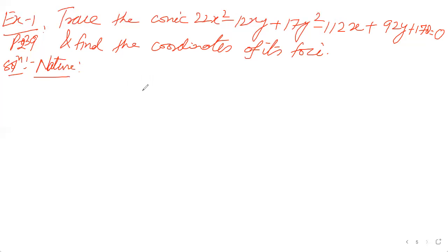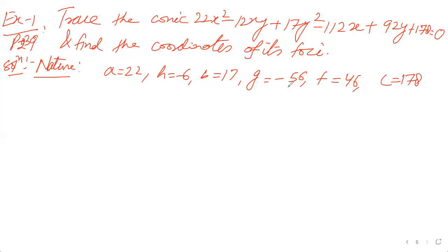So you have to find your delta. A is 22, H is -6, B is 17, G is -56, F is 46, and C is 178. First thing I will always check delta. A, B, C. क्या होता था बताइए? H, G, F, है ना?